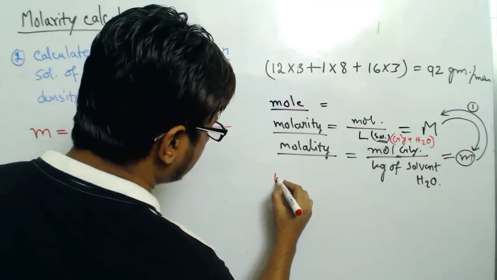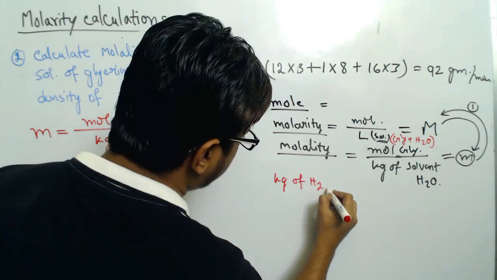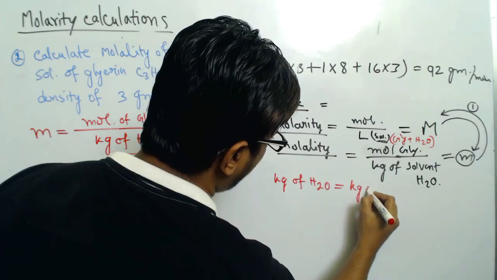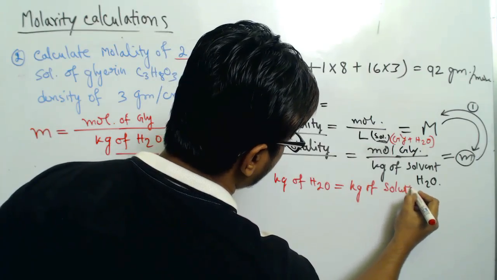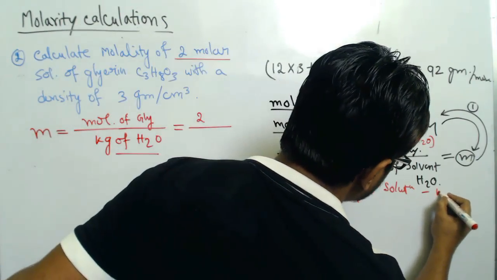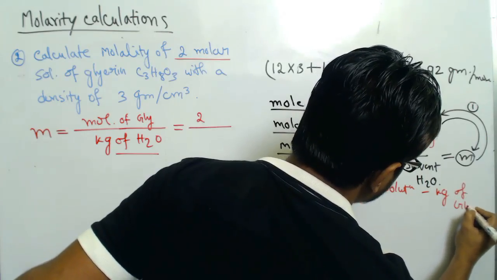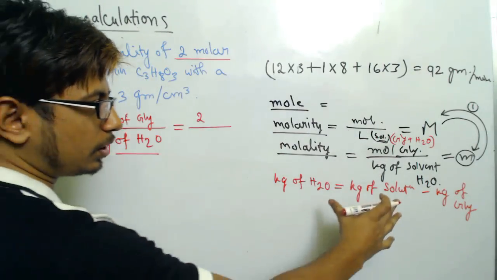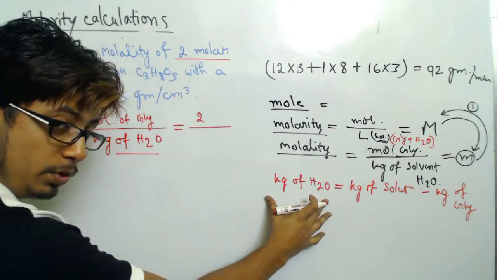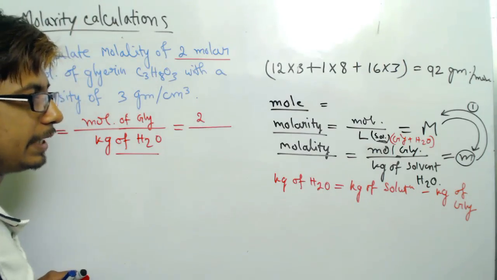The kilogram of water utilized will be equal to the kilogram of total solution utilized, minus the kilogram of glycerin that is utilized, because the total solution minus the glycerin will be equal to the kilogram of water that is left.